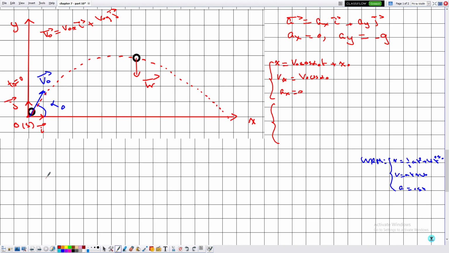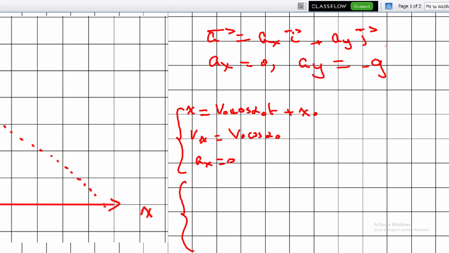So now studying the motion along the y-axis. So now since ay is equal to minus g, what does g represent?